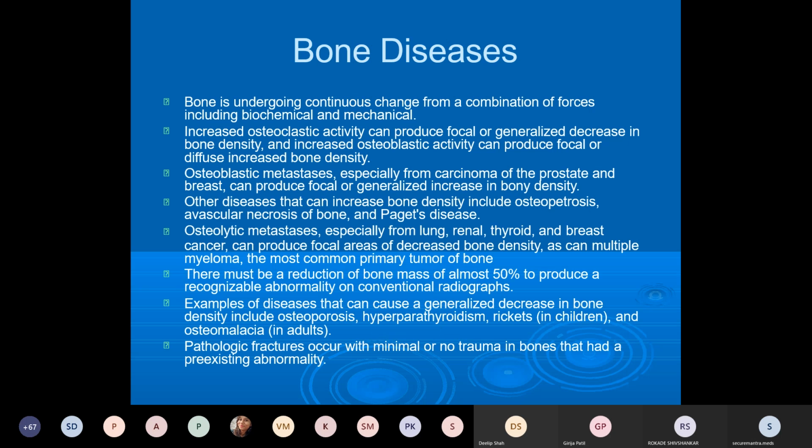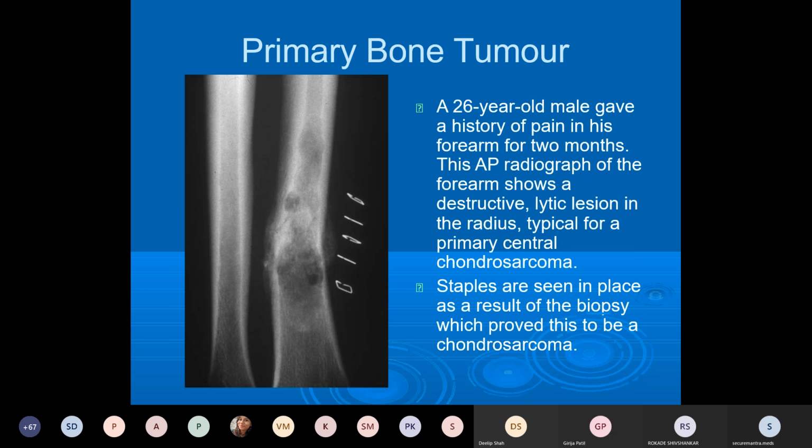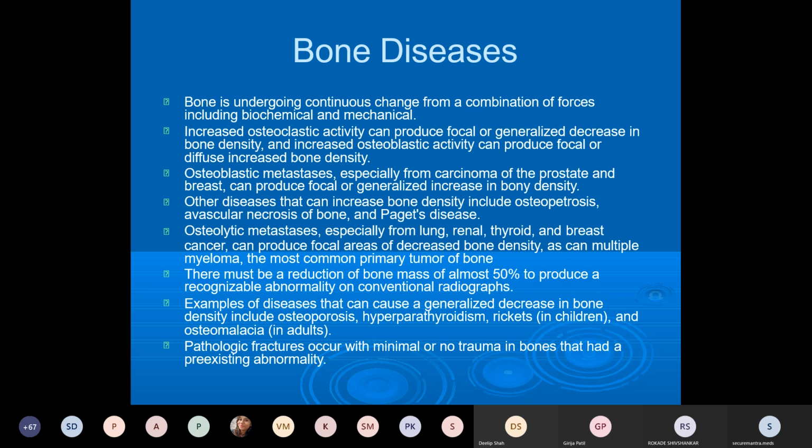Now, after the bone fractures, we will discuss the bone diseases. So bone is undergoing continuous change because of a combination of forces including biochemical and mechanical. Increased osteoclastic activity can produce focal and generalized decrease in the bone. Increased osteoblastic activity can produce focal or diffuse increased bone density.